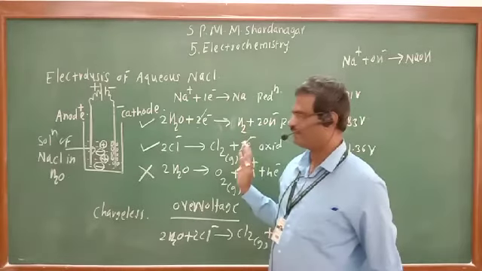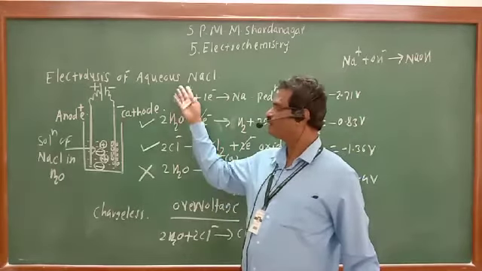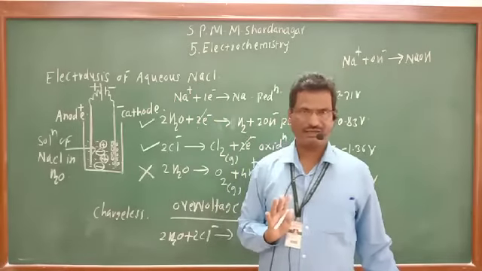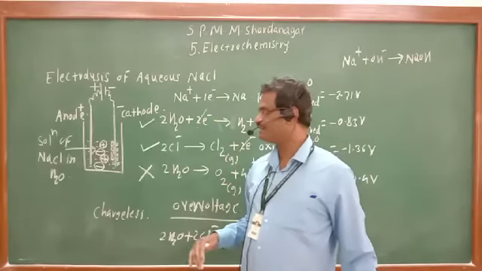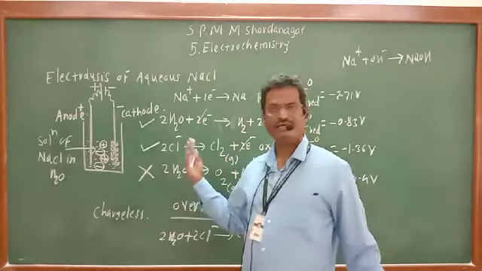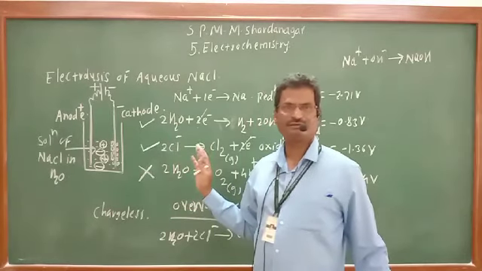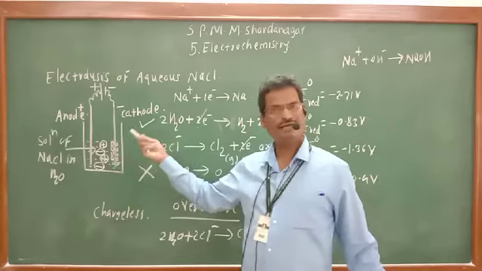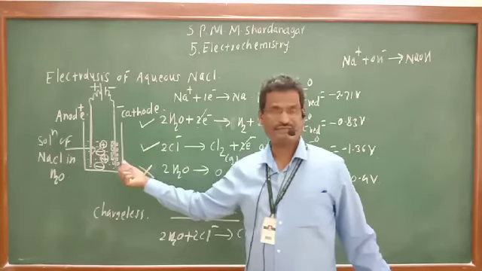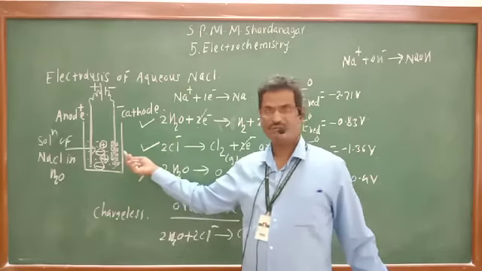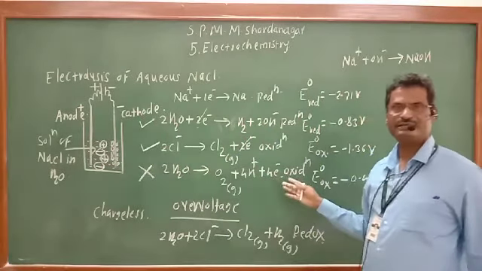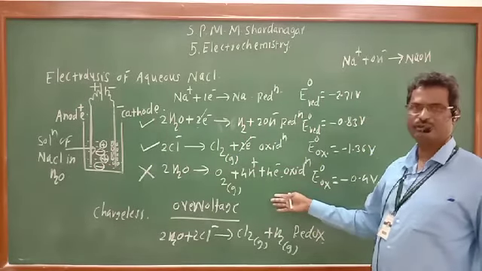So what we have seen here: electrolysis of aqueous NaCl is performed in the same type of cell as that of molten NaCl. Only the cell reactions are different. Instead of sodium deposited at the cathode, here there is deposition of hydrogen gas, and chlorine gas is evolved at the anode. Here the one new term is the overvoltage problem.